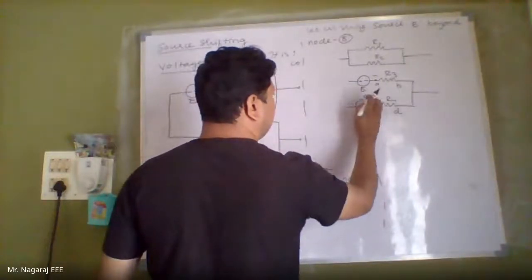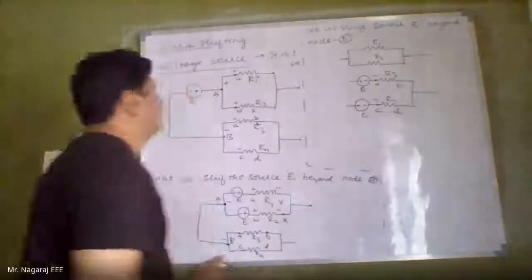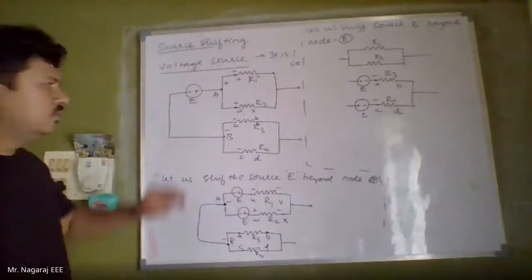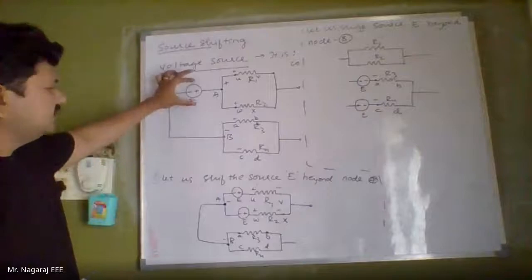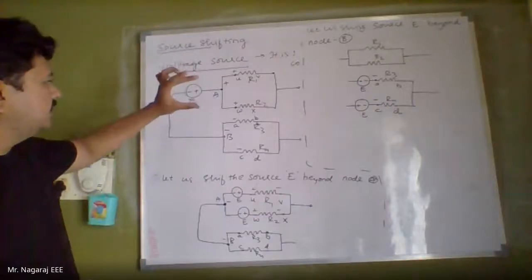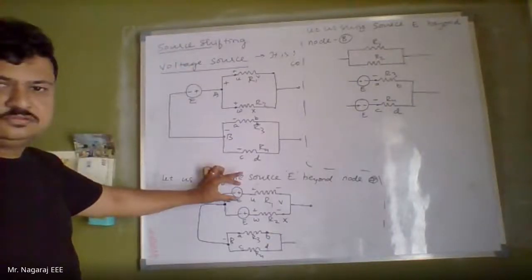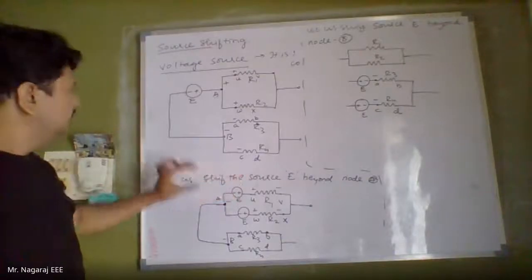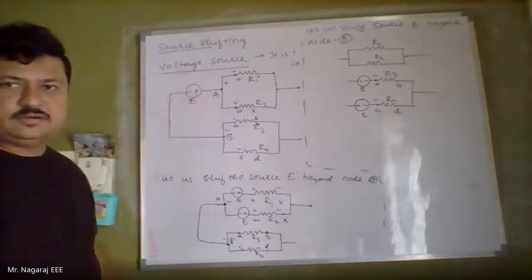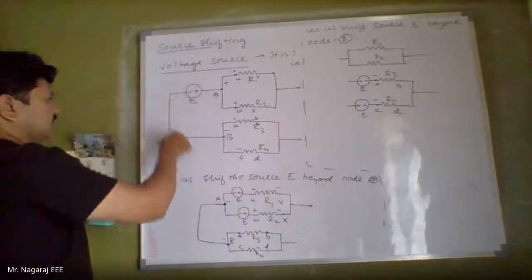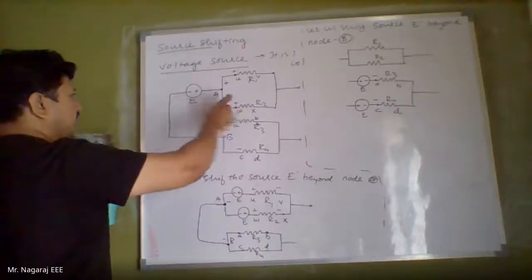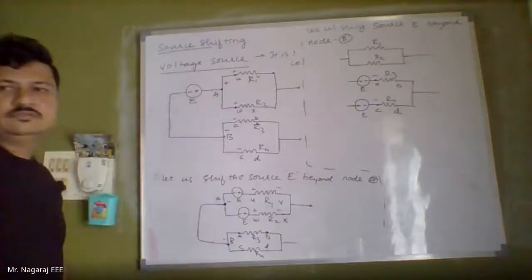E. See, simply you shift this source as it is here. You observe here, this voltage is here. I am simply taking it, putting it here. Then at B, negative is connected to B. I am taking it, putting it here.